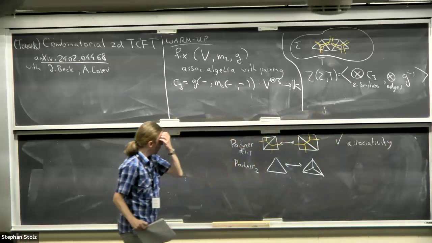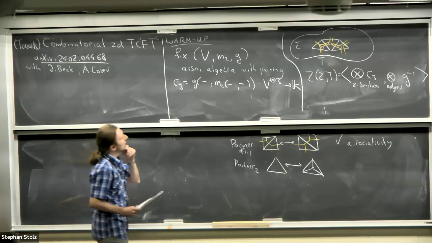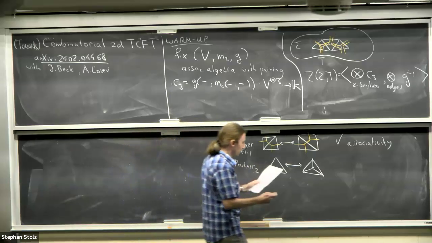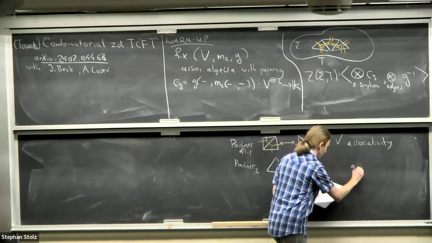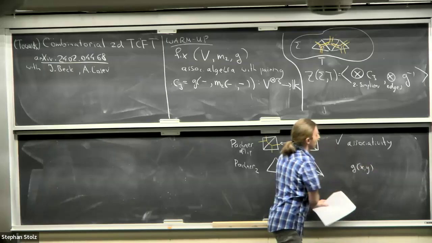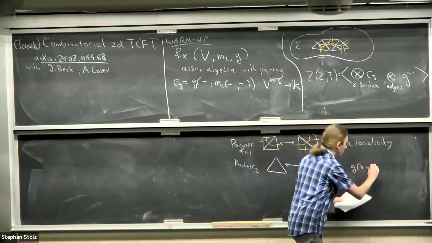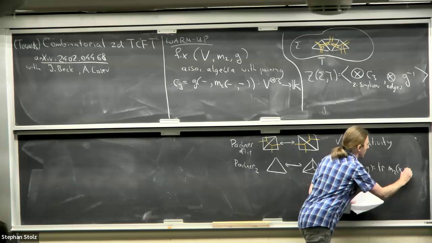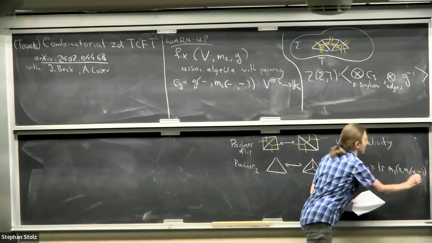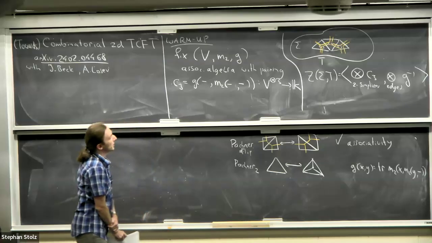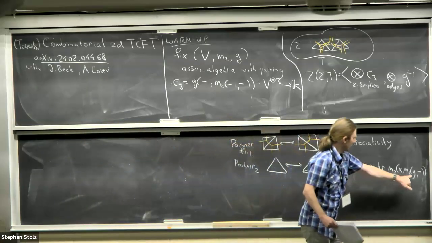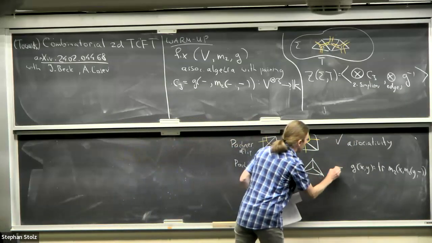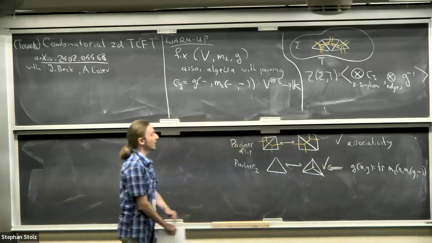For the second Pachner move, it doesn't work automatically, but it works for a certain class of such structures. In particular, if I ask that my pairing is something very particular, a Frobenius form, constructed from the product as the trace of this operator, then you will have invariance under this.